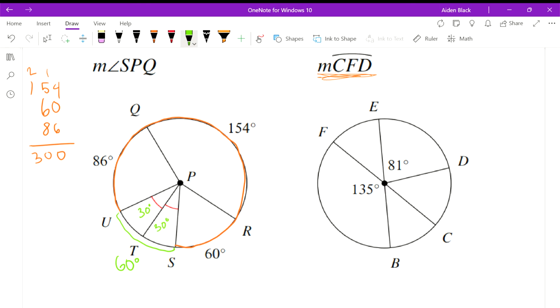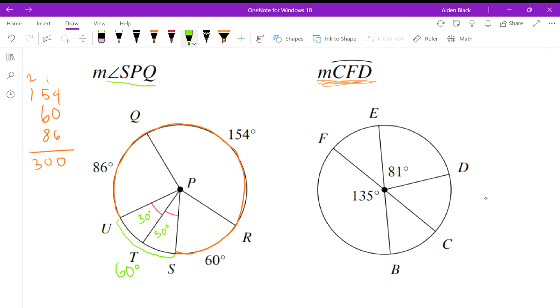It's asking for the measure of angle SPQ. SPQ is from S, our vertex is P. We go to Q here. I had a good question in classes. Are we measuring this angle or are we measuring this angle? I mean, if you have one, you have the other, right?